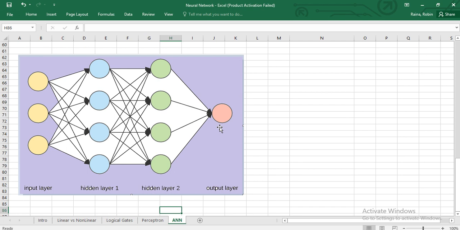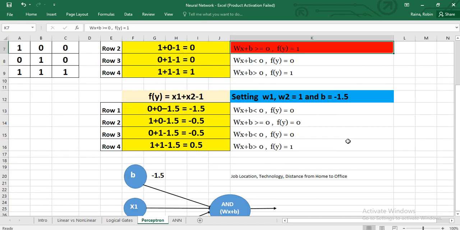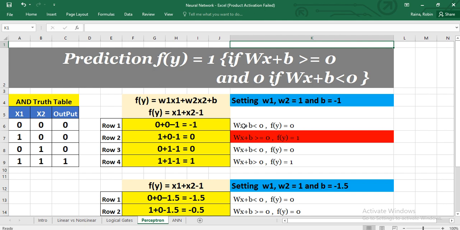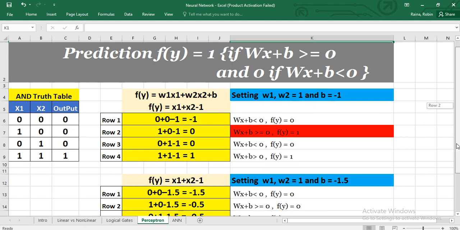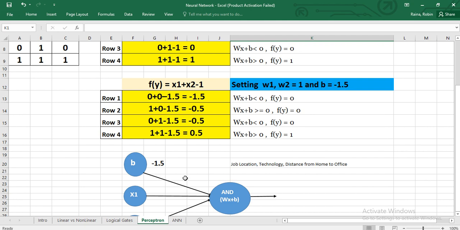So perceptron methods are very similar to neural network, which is as follows. What we do is we first initialize the weight values and bias. That's what we have done here. It does the forward propagation, as I said, it is a feed forward network.